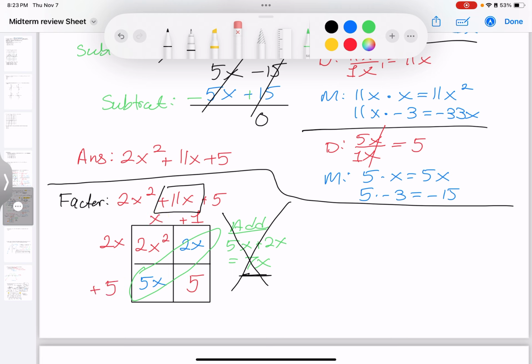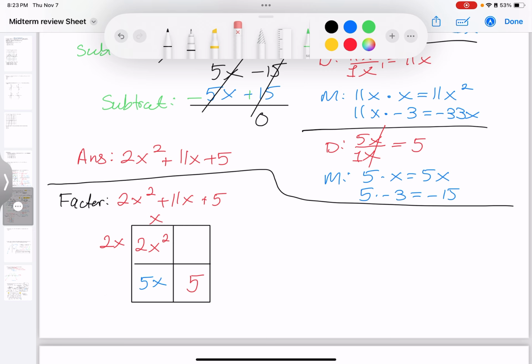So what we're going to do is try again, but we're going to switch the order of the numbers. We're going to switch the place of the 1 and 5. I am now going to place the 5 on top, next to the x, and place the 1 on the bottom with the 2x.